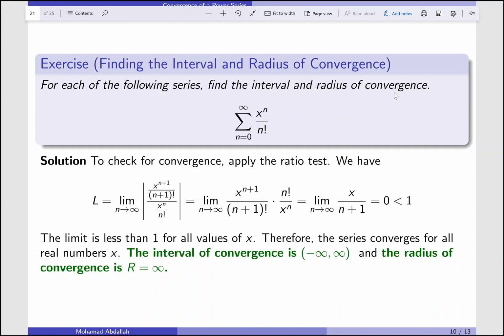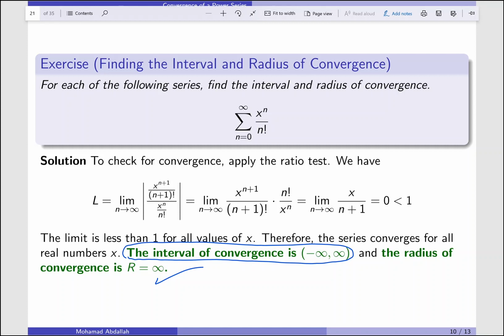That means the interval of convergence is negative infinity to infinity, and then the radius of convergence is infinity. So here, this is done. This is the best situation that we can have, that it will converge no matter what x is.